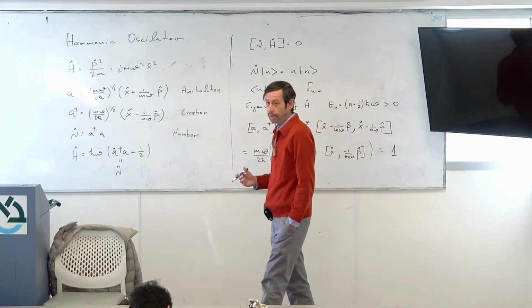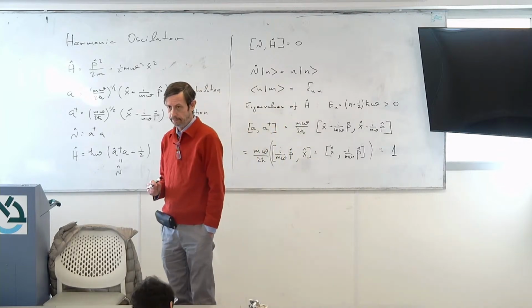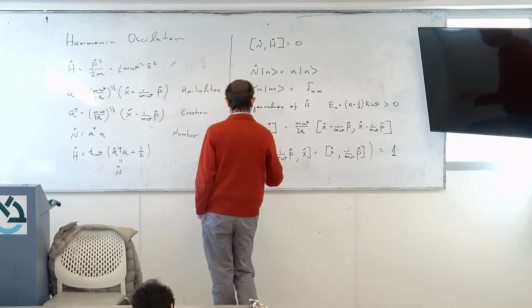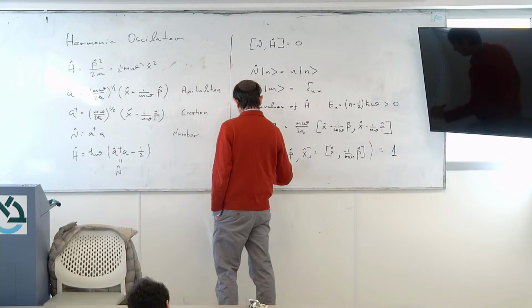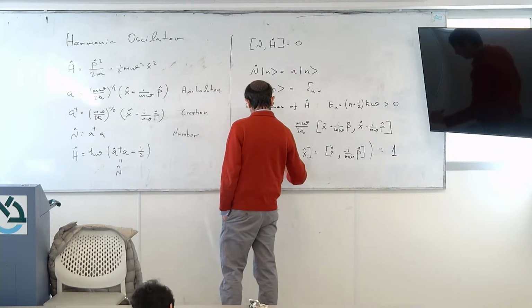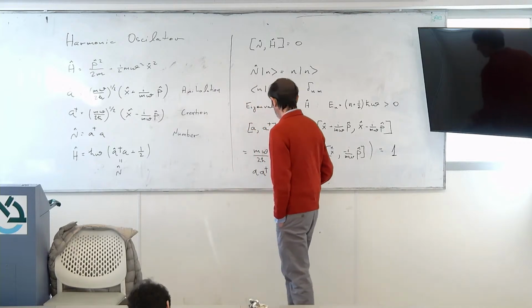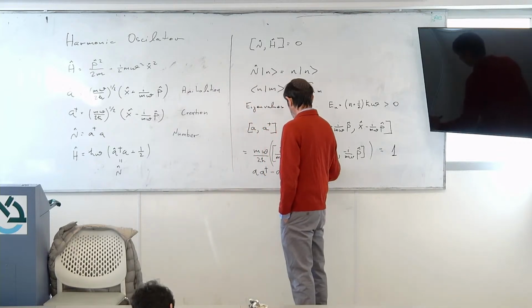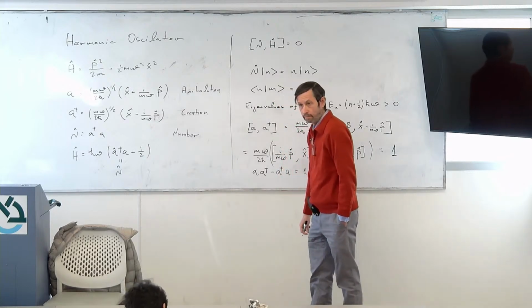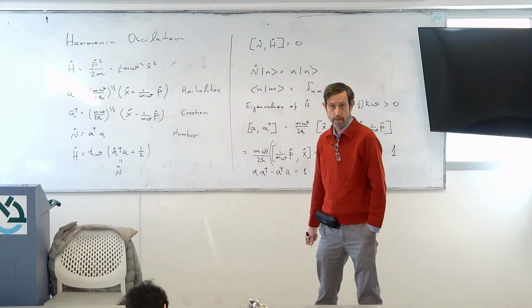I'm left here with 1. Okay, so I know that A times A dagger minus A dagger A is equal to 1, and I will use it in a moment.